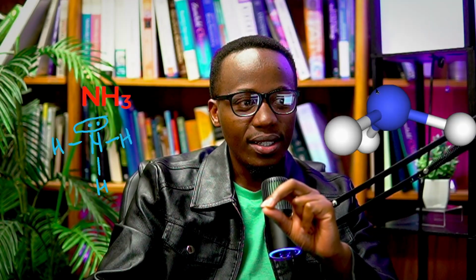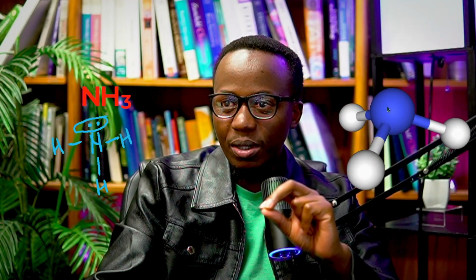And that will make it push these hydrogens down. So that is why the shape is going to be a little bit like that. It's a pyramid. We call this trigonal pyramidal.